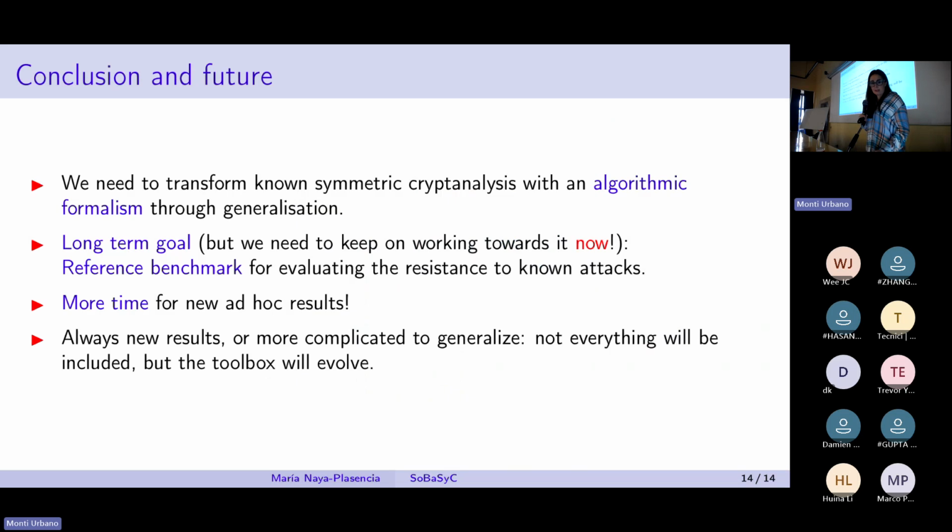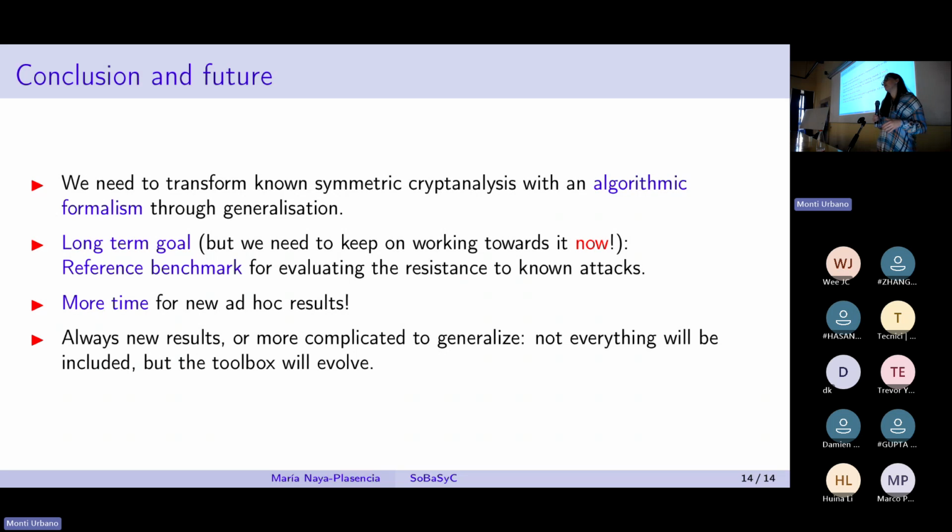To sum up, in my opinion, we need to transform the known cryptanalysis techniques with an algorithmic formalism through generalization. It is a long-term goal, but we need to start working right now, as we are already doing, to reach a reference benchmark for evaluating the resistance to all known attacks.